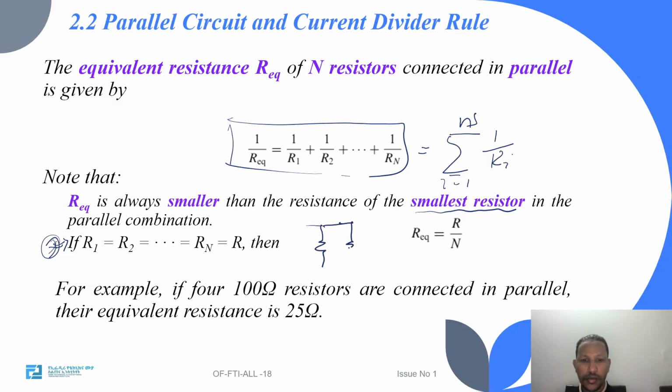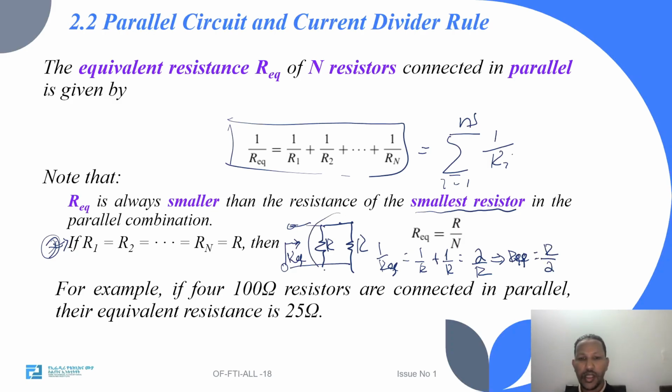This is R, this is R. If we are asked to determine R equivalent for the two resistors connected in parallel, we can write 1 over R equivalent equals 1 over R plus 1 over R, which is 2 over R. So R equivalent equals R over 2.